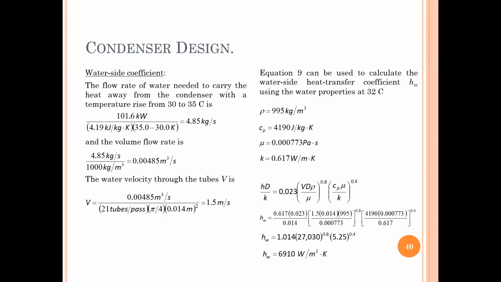Okay? So then h_D over K is equal to 0.023 times (ρVD over μ) to the 0.8 times (Cp μ over K) to the 0.4.